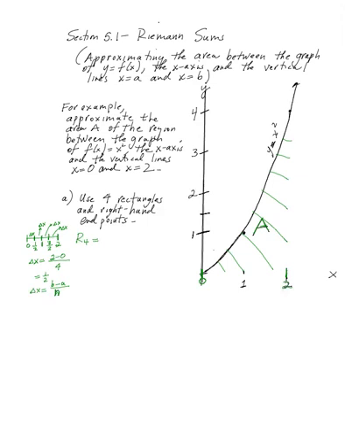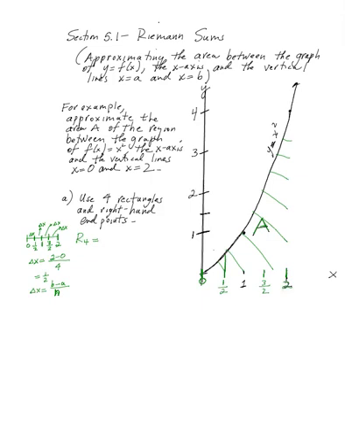Now, what I want to do is partition 0, 2 on the x-axis in my graph. So I go from 0 to 1/2 to 1 to 3/2 to 2. I have partitioned the interval 0 to 2 into 4 equal parts.